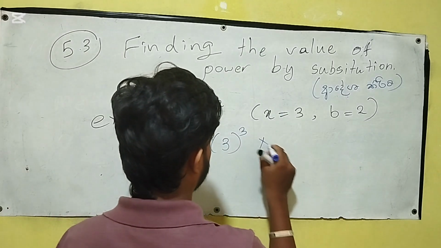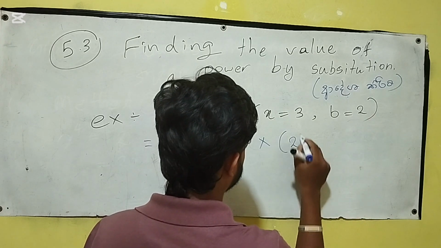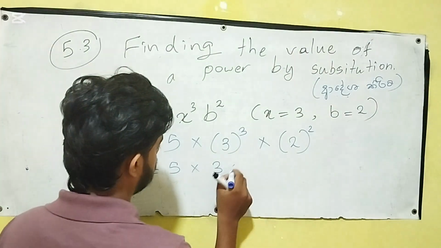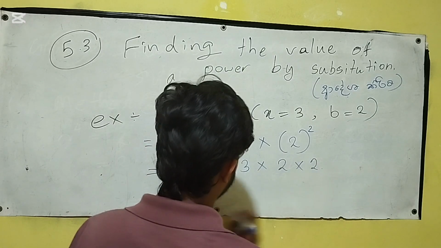Then put the brackets, b is equal to 2 to the power 2. Then you can obtain 5 multiplied by 3 multiplied by 3 multiplied by 3 multiplied by 2 multiplied by 2.